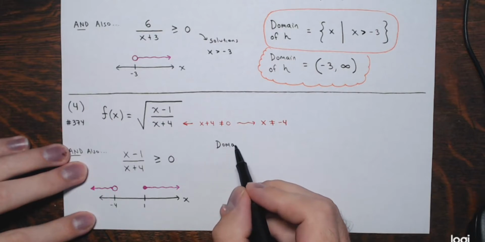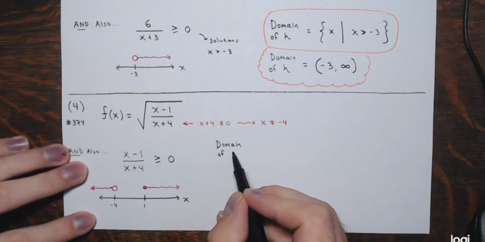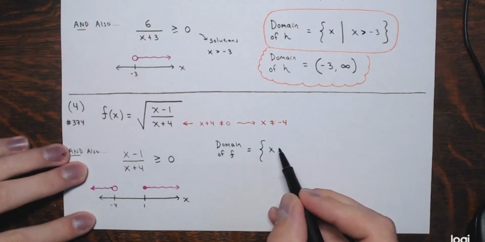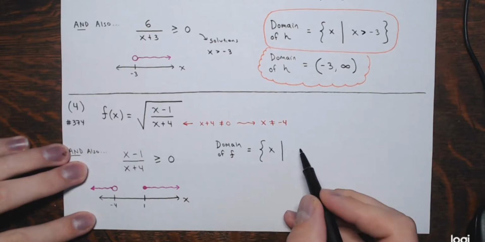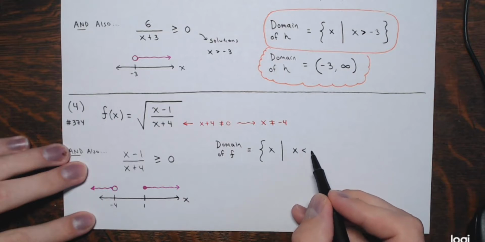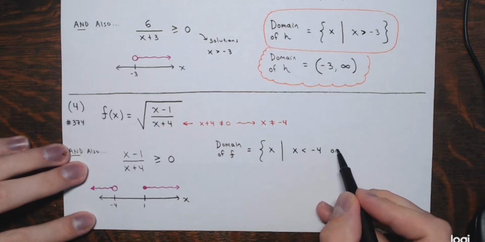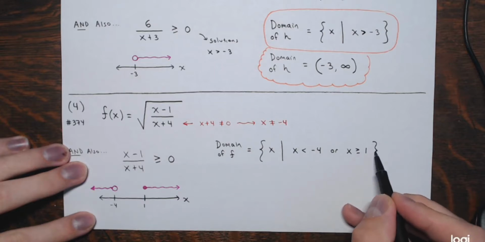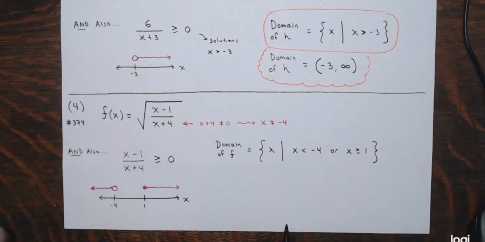The domain of f is any value of x I wish, as long as x is less than negative 4 or x is greater than or equal to 1. Just drawing the inequality that represents this picture, the solutions of this statement here.